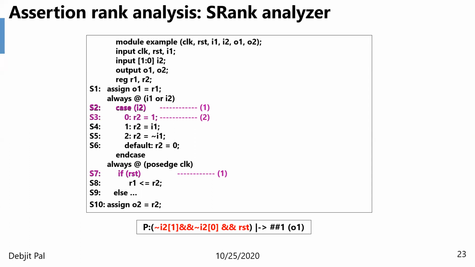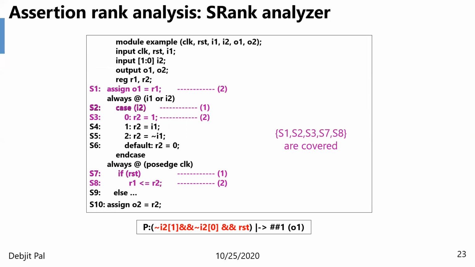Since case I2 is executed, and I2 is assigned a value of 0, S3 is executed. Also, since reset is true, S8 is executed. Since R1 is executed in statement S8, and S1 is a continuous assign statement, S1 is also executed in the second step. In total, for this assertion P to be true, statements S1, S2, S3, S7, and S8 need to be covered.